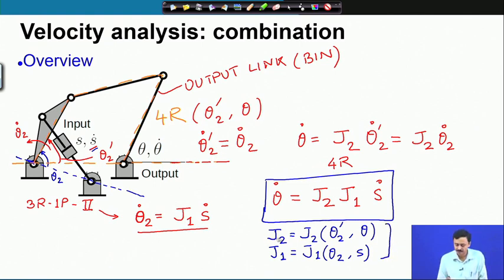You have to derive this, which we have derived. Now, the relation between theta 2 and theta 2 prime is also very simple. If you look here, let us call this angle some alpha. Then you can very easily see that theta 2 prime is equal to theta 2 minus alpha.